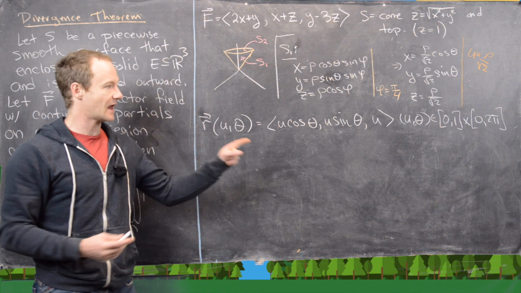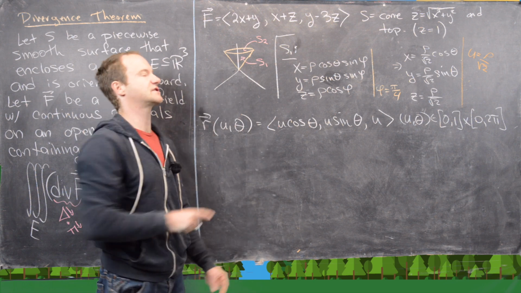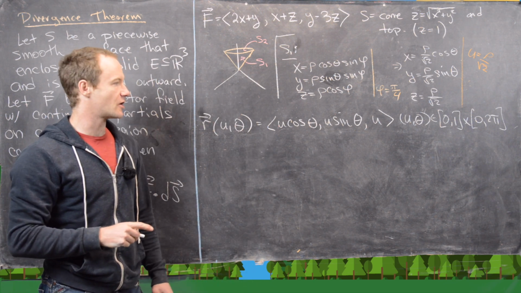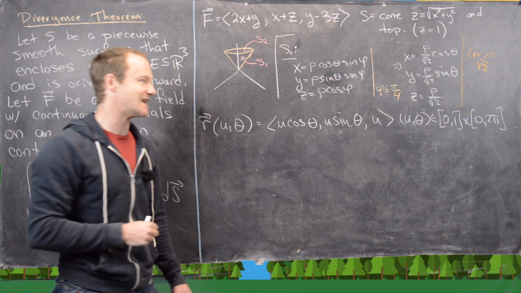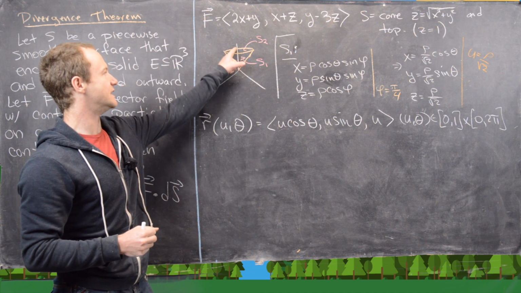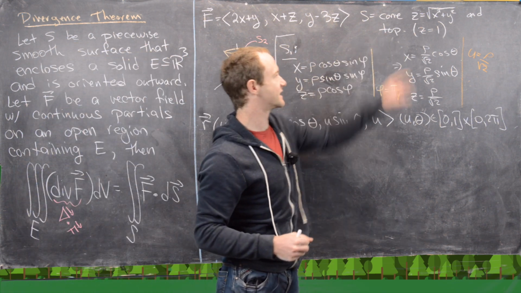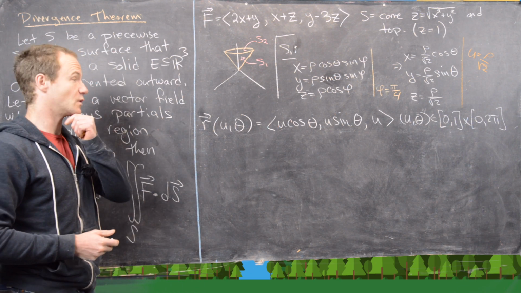So how do we see that? Well, theta going from 0 to 2 pi is because you need to trace out this whole circle, which is making the cone. And then u going from 0 to 1 is because notice our z component is exactly equal to u, but our z component needs to go from 0 to 1, given that the top of our cone is at z equals 1.